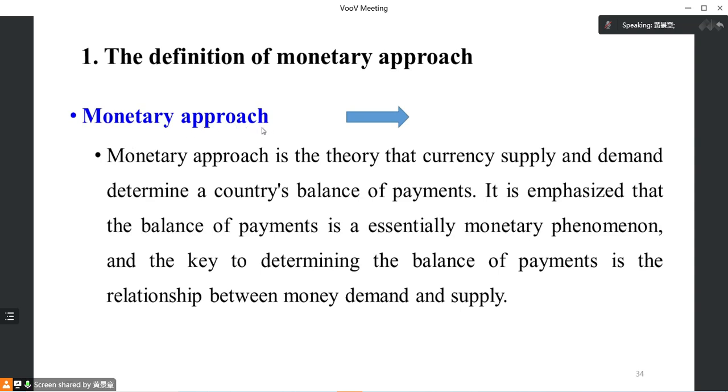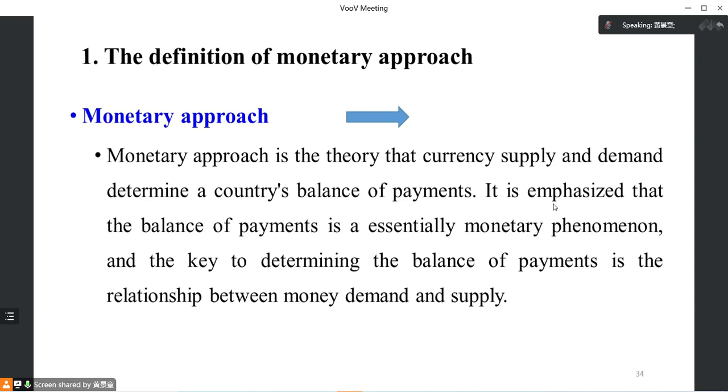Monetary approach. The monetary approach is a theory that currency supply and demand determine a country's balance of payments.